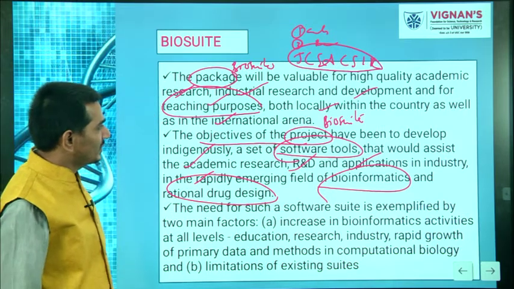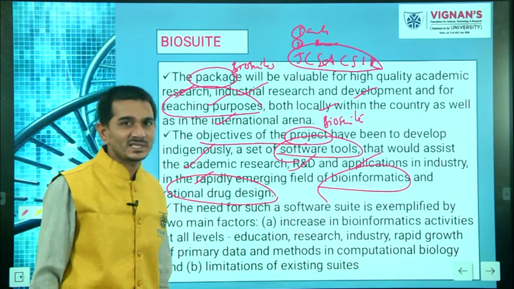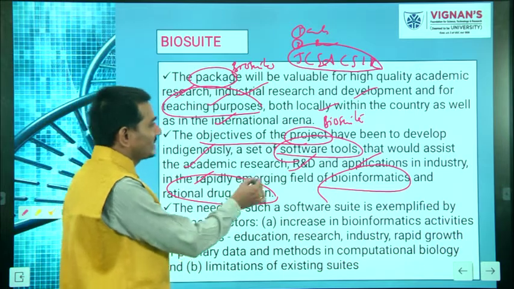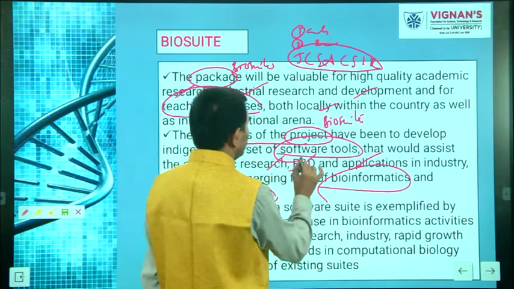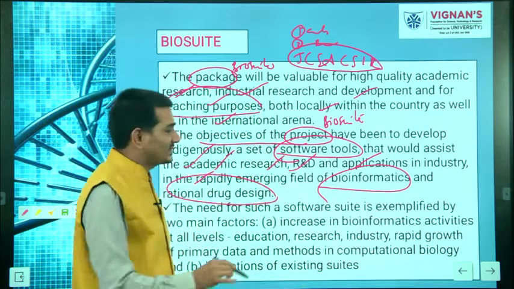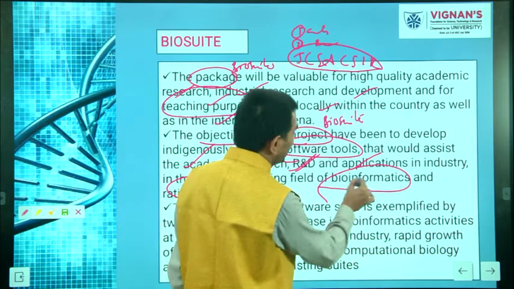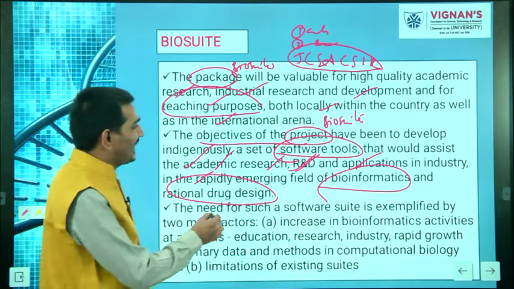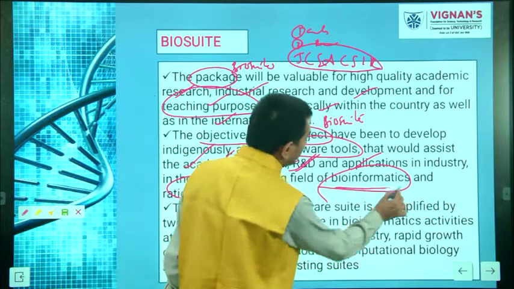So this Biosuite is a software package which consists of many tools which can be used by researchers and academia as well as R&D, especially in the industry.